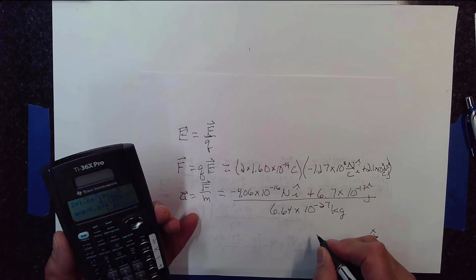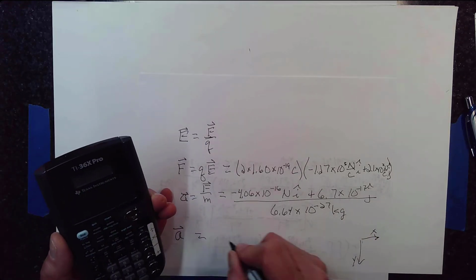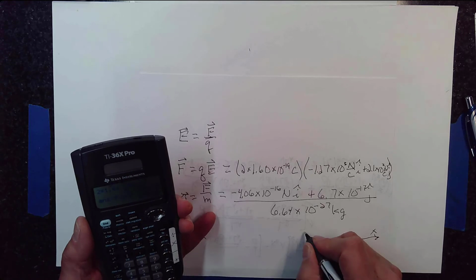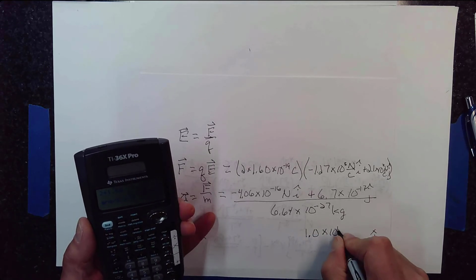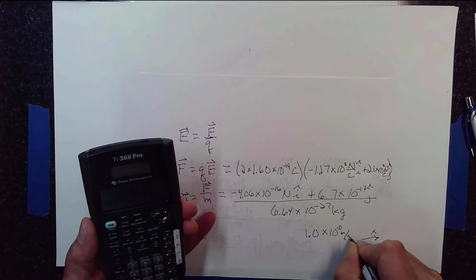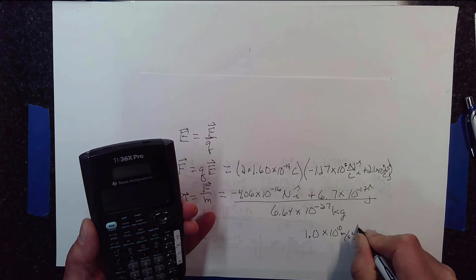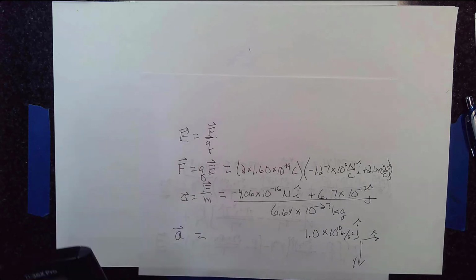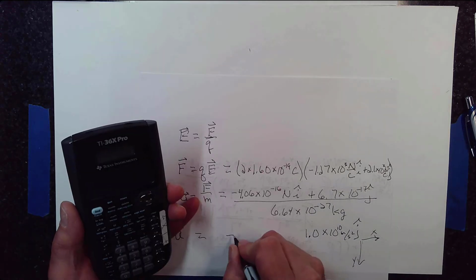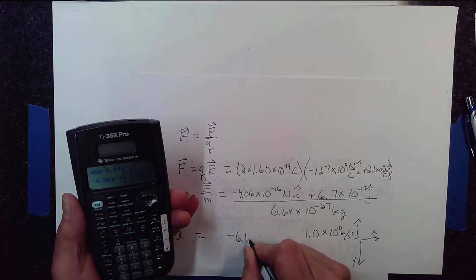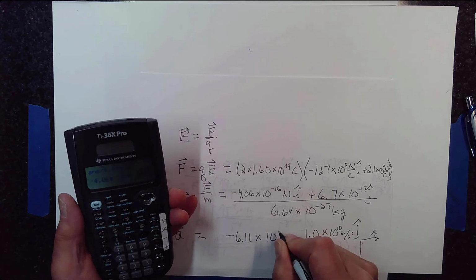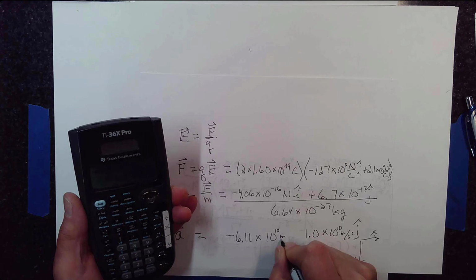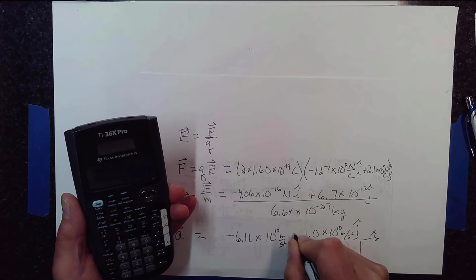So the J hat component, the one I'm doing first, will be 1.0 times 10 to the 10th meters per second squared in the J hat direction, and the I hat direction, minus 6.11 times 10 to the 10th meters per second squared in the I hat direction.